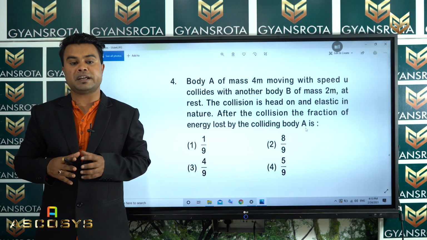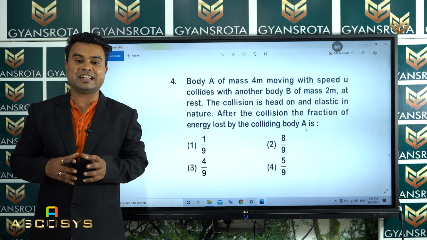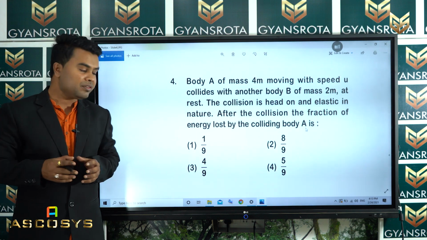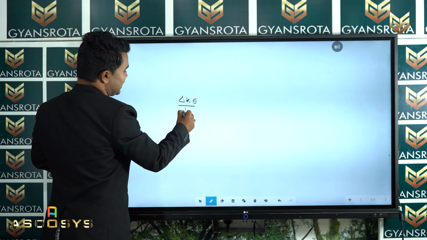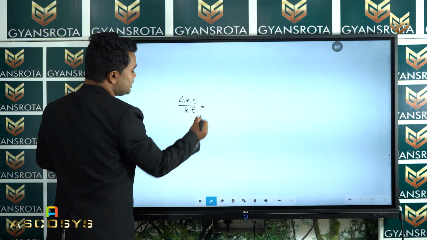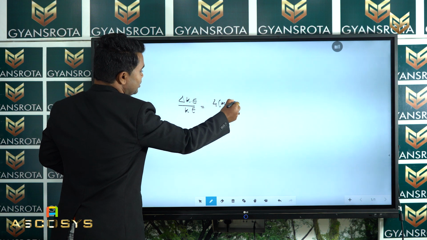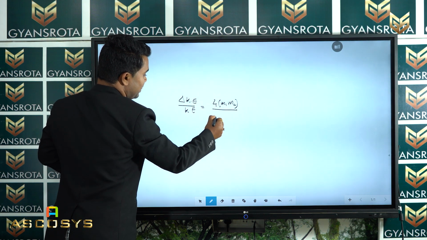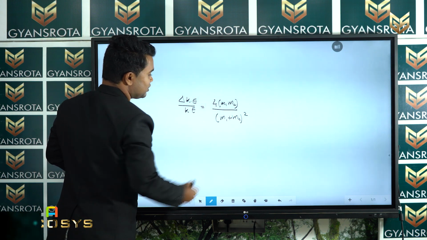The energy lost by the body A, because body A was moving and it collided with the body B. What we have to do is change in kinetic energy divided by kinetic energy, a relation which can be written as 4 m1 into m2 divided by m1 plus m2 of whole square.